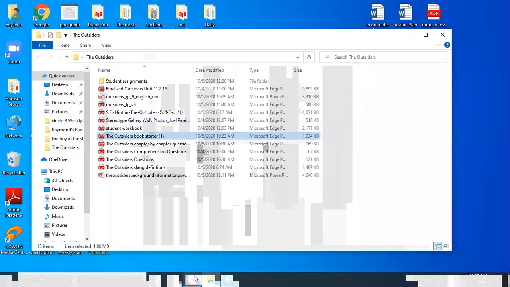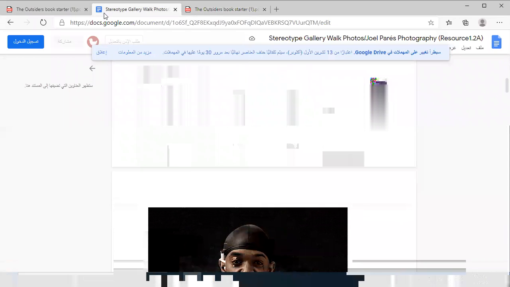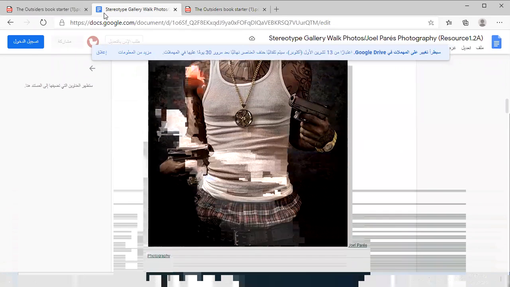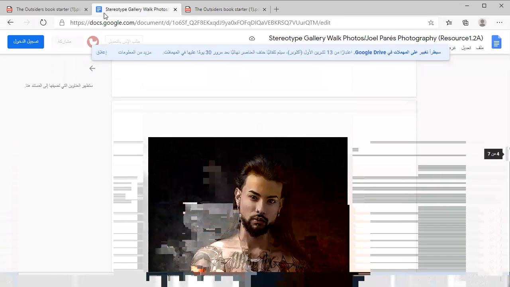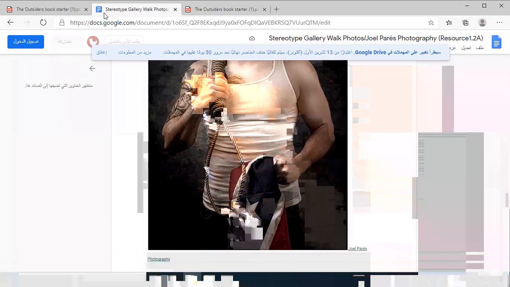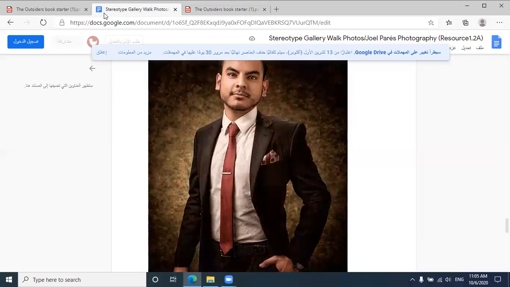Let's look at the picture and see what you would say. This is the person that I showed in class. What do you think is important to this person, versus when he looks like this?